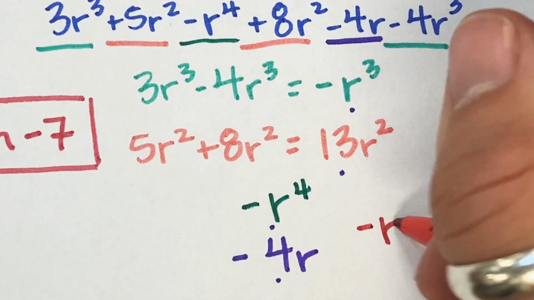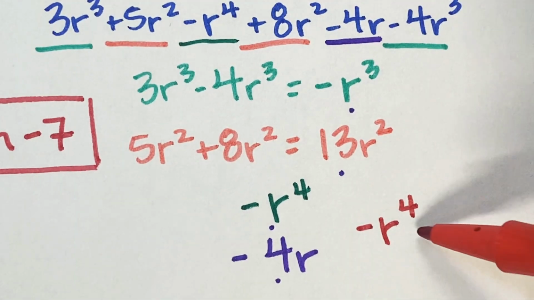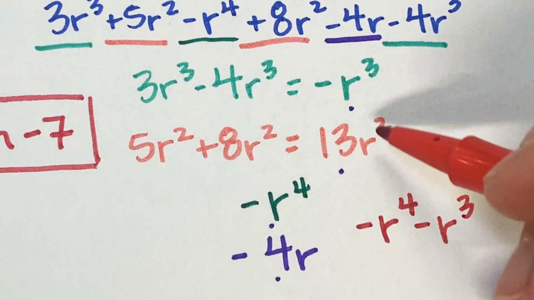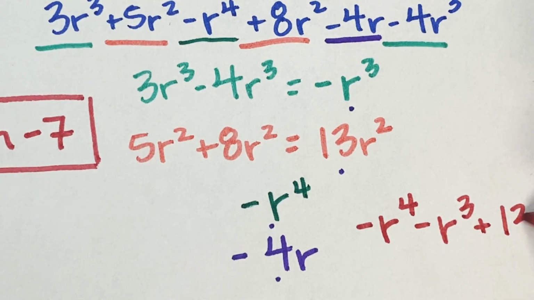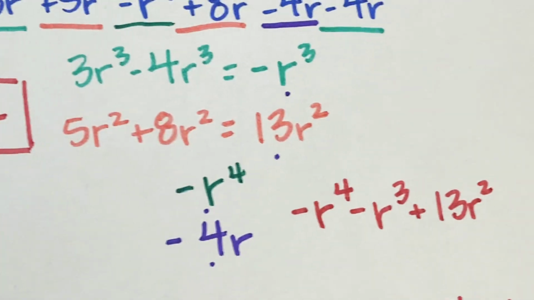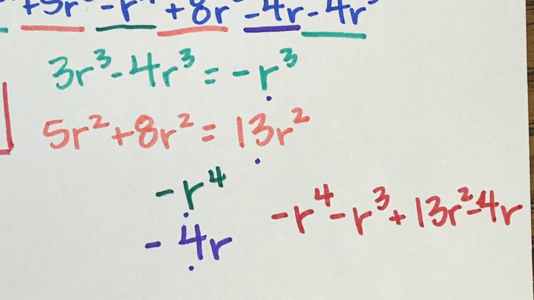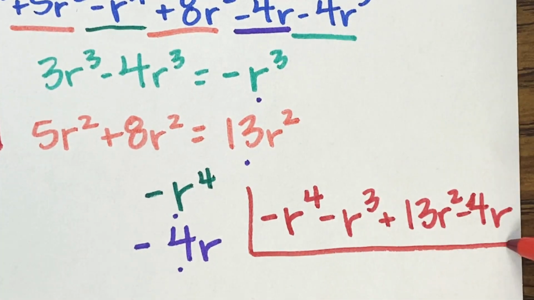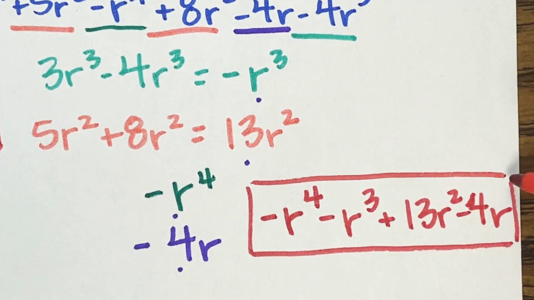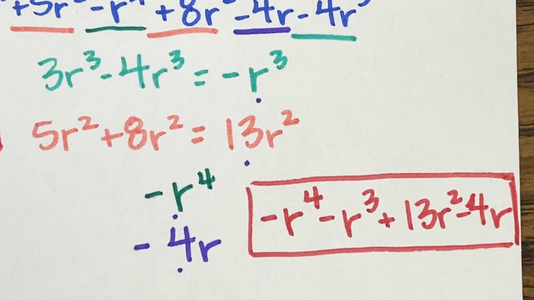So we're going to do negative r to the 4th. Our next highest is negative r cubed. Next highest, positive 13r squared and negative 4r. And that is our simplified expression. Awesome.